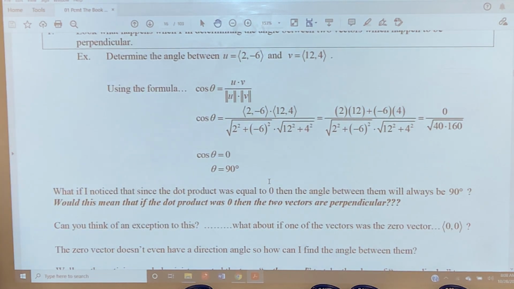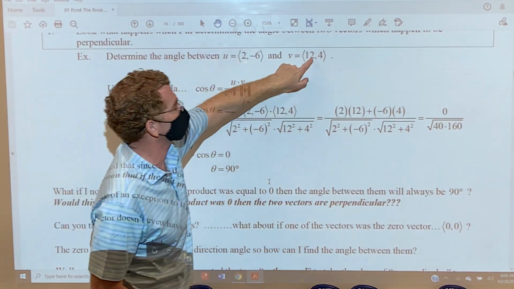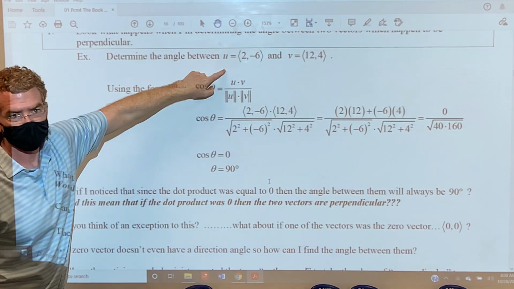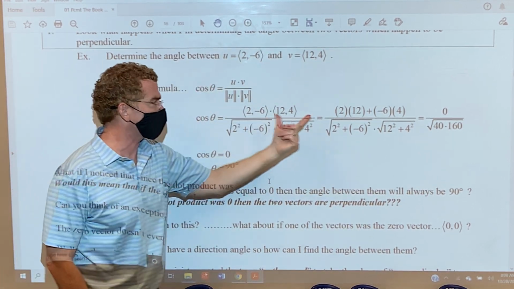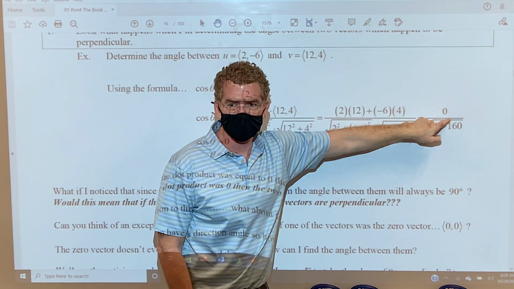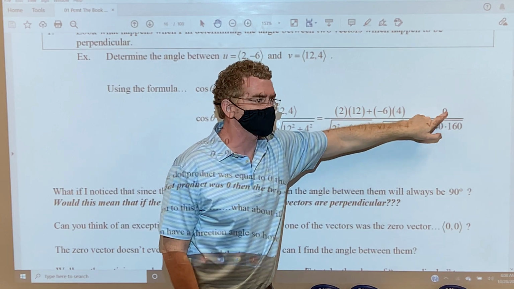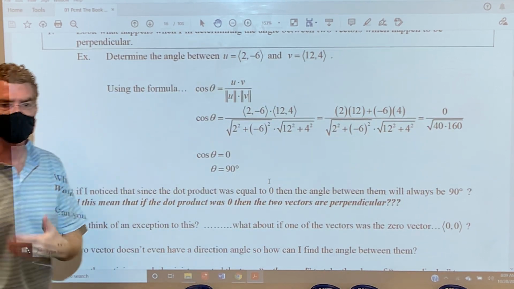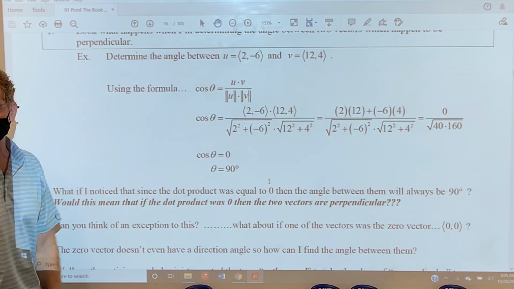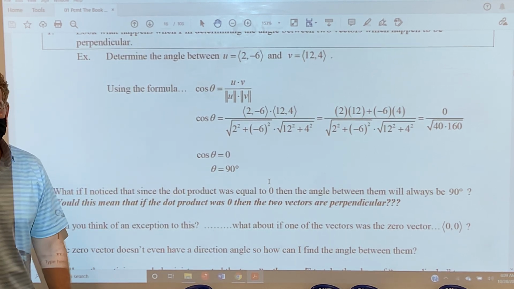Now, do you think that every time two vectors are perpendicular, like they were here, this is going to happen? I'll just tell you, every time two vectors are perpendicular, you're going to get a 0. And if I'm going to get a 0 on those, is there a shorter way than all of this to check the angle between them?